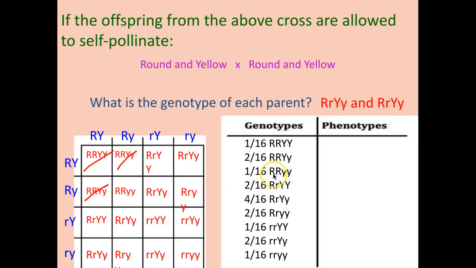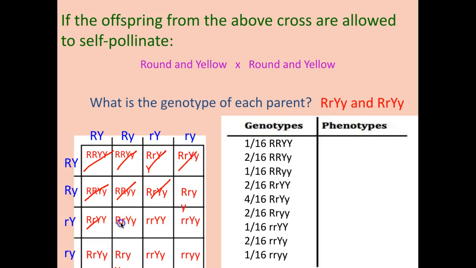This genotype, big R, little y, let's find those, big R, big R, big R. There's only one, okay? Big R, little r, big Y, big Y, big R, little r, big Y, big Y. Yep. Heterozygous all the way around.